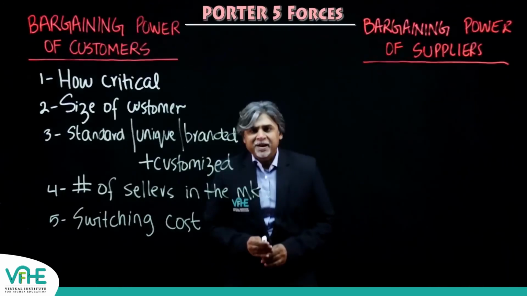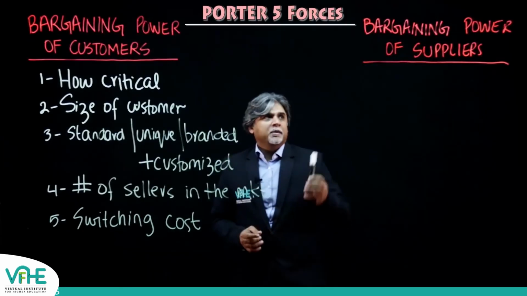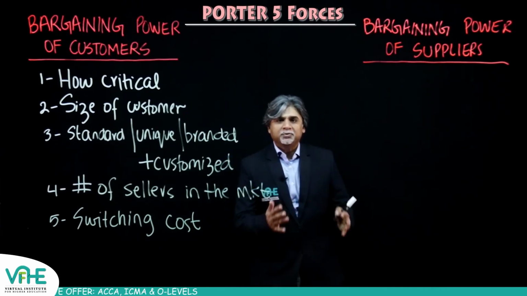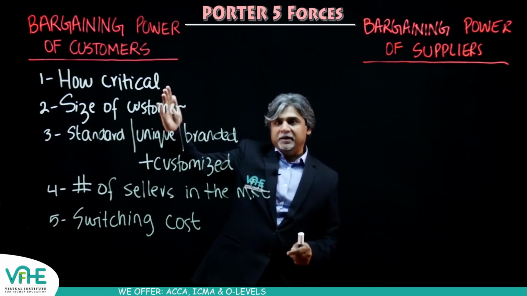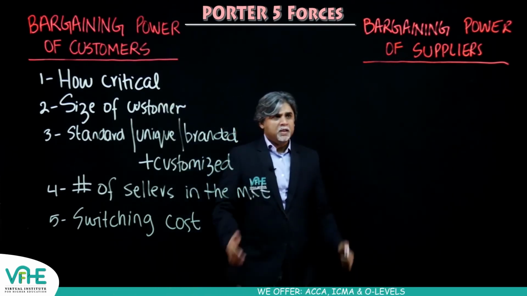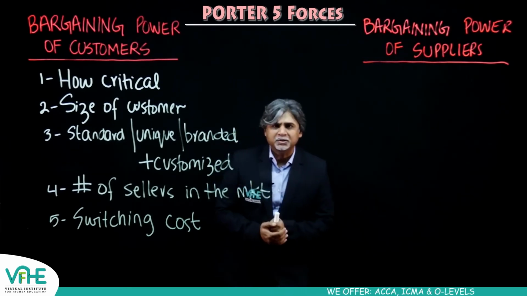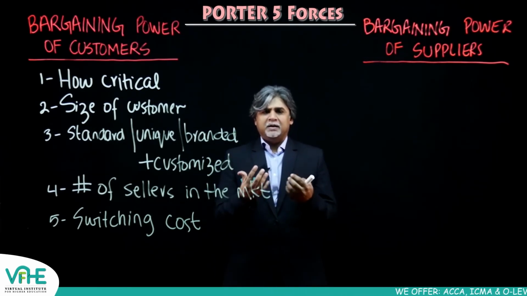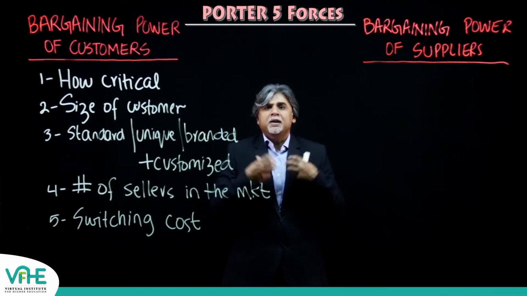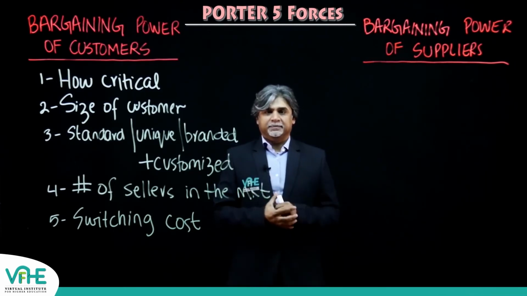The second factor is called bargaining power of suppliers. The first one was bargaining power of customers, followed by bargaining power of suppliers. What do you mean by suppliers? Suppliers are vendors from which I buy my raw materials.